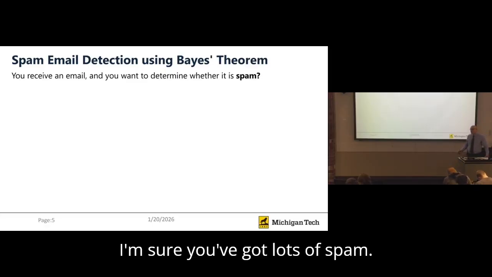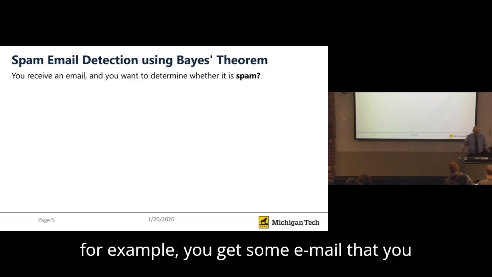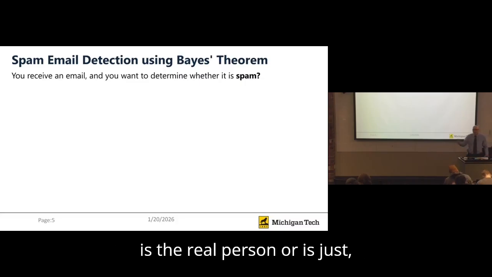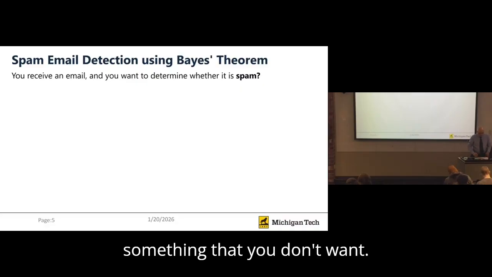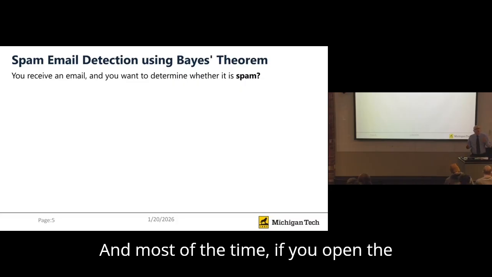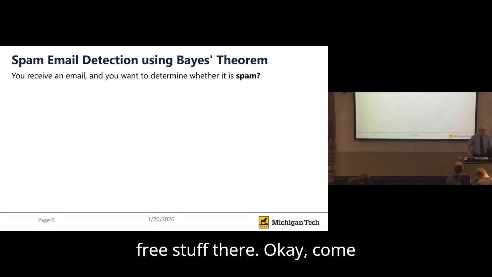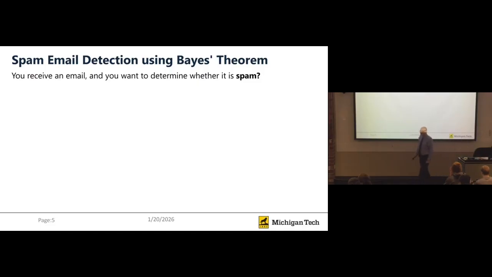I'm sure you get lots of spam email, for example, emails where you don't know if it's a real person or just something you don't want. Most of the time, if you open the content of that email, there is some free stuff there. Hey, come get this free and that, you know.